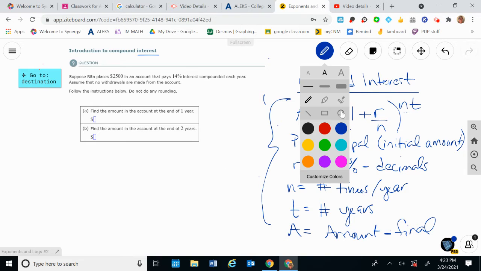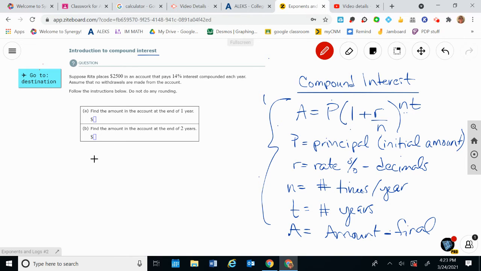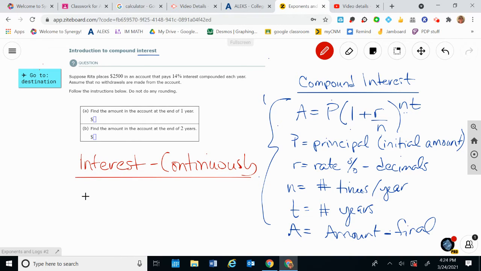The other one that I want you to copy down is the one that's going to happen with E. This is for interest that is compounded continuously. It's the PERT formula, E to the RT. I'm sorry, I did that wrong.